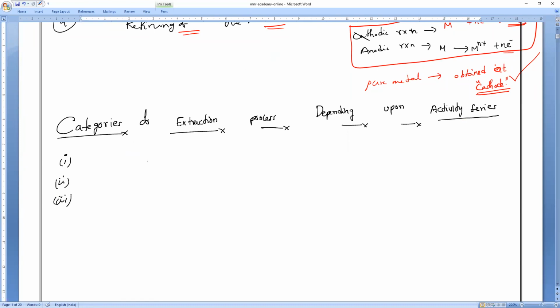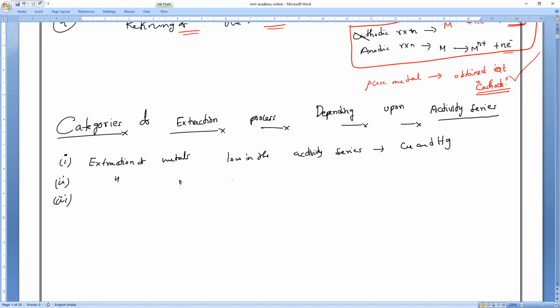Extraction of metals low in the activity series includes copper as well as mercury.